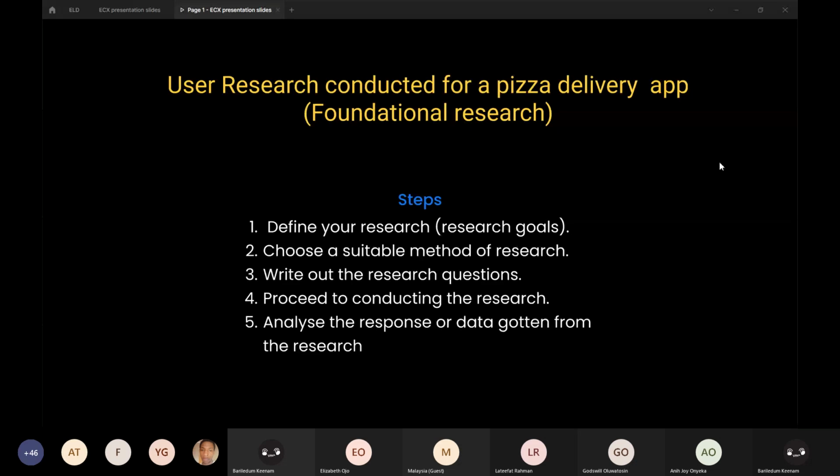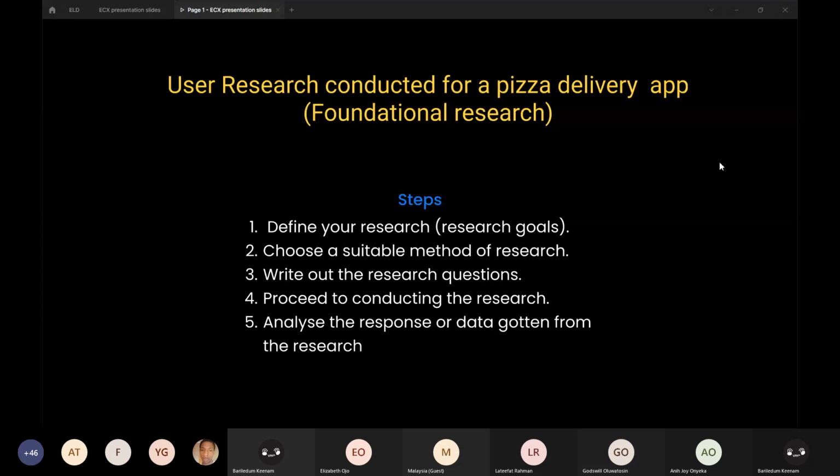If you are in Nigeria and you are building an app for Asians or South Americans, you know that you cannot conduct one-on-one interviews that way. So you probably have to go for surveys or do it online. So you choose a suitable method of research, one that is going to work for you.